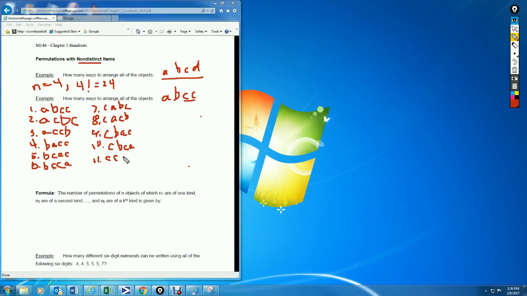And then we could have C, C, A, B, and then C, C, B, A.